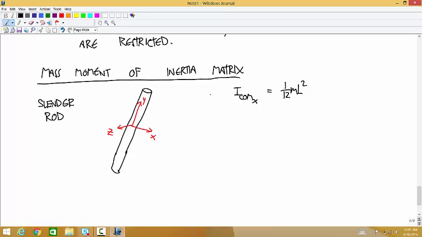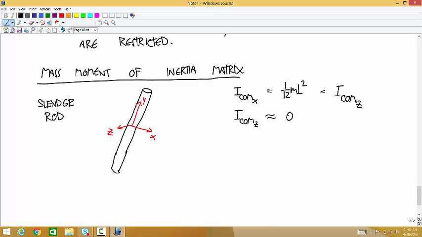And that's also equal to the mass moment of inertia about the z-axis. And then in this case, you treat the mass moment of inertia about the y-axis as basically 0.